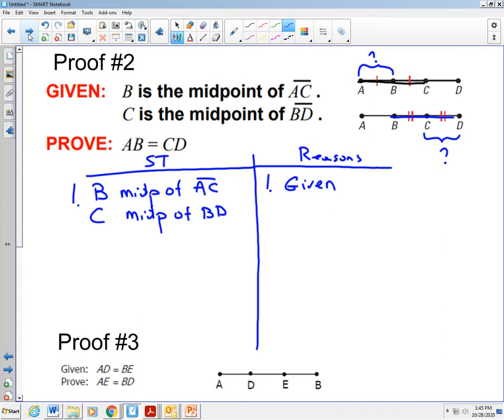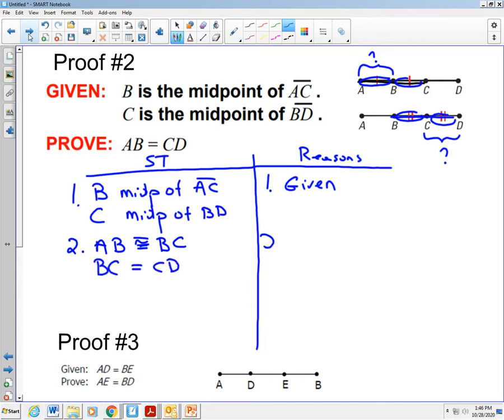If B is the midpoint of segment AC, please say that AB, which is here, is equal to BC. Please say AB is congruent to BC or equal, okay? And we also know that this segment here, BC, is equal to CD. BC is equal to CD.